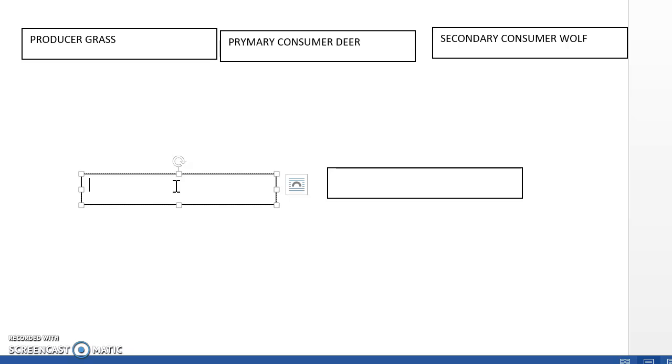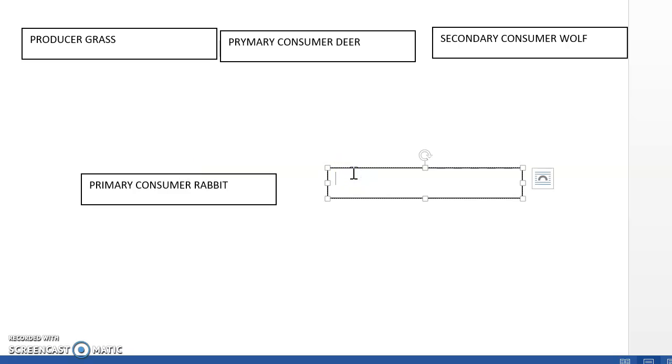So let's add in our food web element. So what else eats grass besides a deer? Let's go with rabbit. So your primary consumer would be a rabbit in this case. And I'll draw arrows here in a minute to show you how this works. But a primary consumer of grass, so we're going down here, would be rabbit.